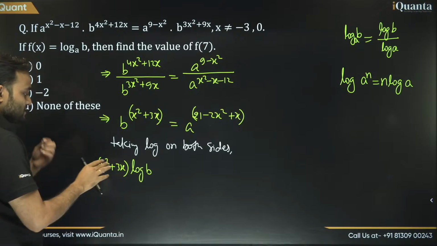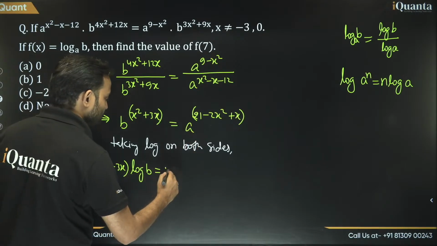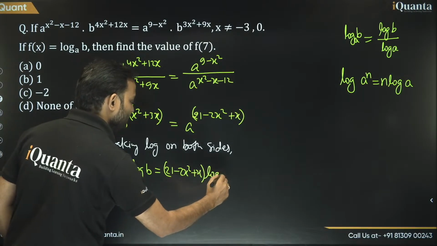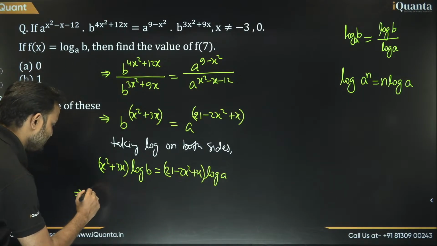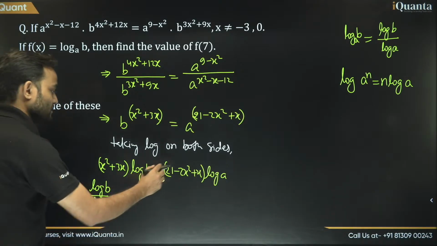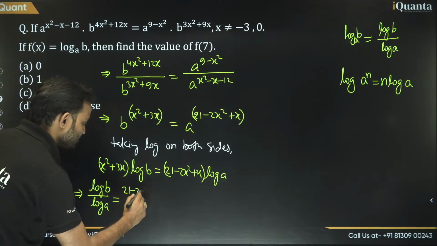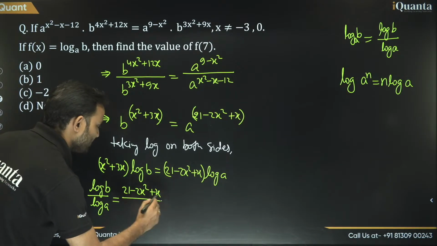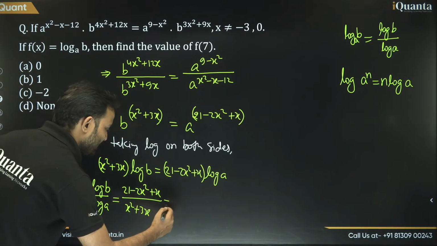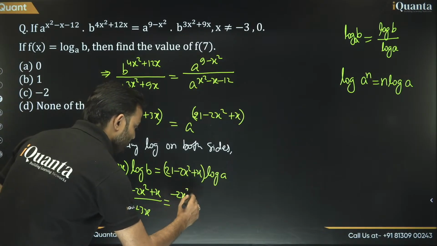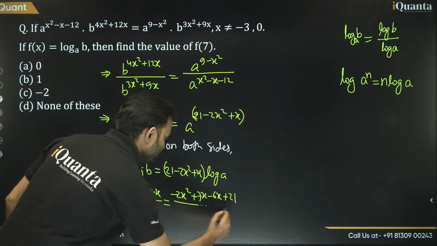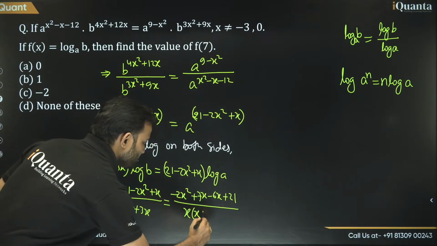So x square plus 3x log b is equal to 21 minus 2x square plus x log a. So from there we can write log b upon log a is equal to 21 minus 2x square plus x divided by x square plus 3x. Now if you solve this expression, can I write this as minus 2x square plus 7x minus 6x plus 21 divided by x into x plus 3.